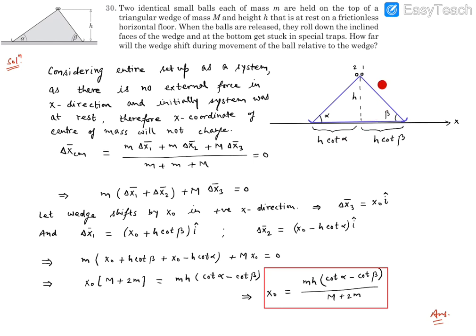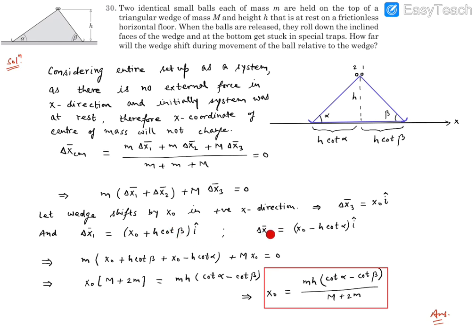Now to find out the displacement of one particle with respect to ground, we will write the displacement of the first particle with respect to the wedge plus the displacement of the wedge itself. So delta x1 is going to be basically x naught i cap, which is the wedge displacement, plus the displacement of the particle with respect to the wedge, which is h cot beta. So this is going to be the total displacement of particle 1 with respect to ground.